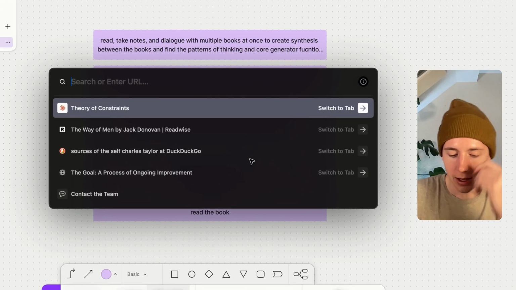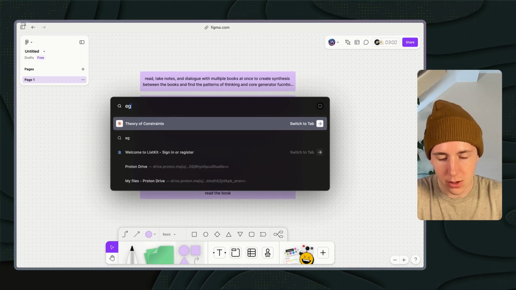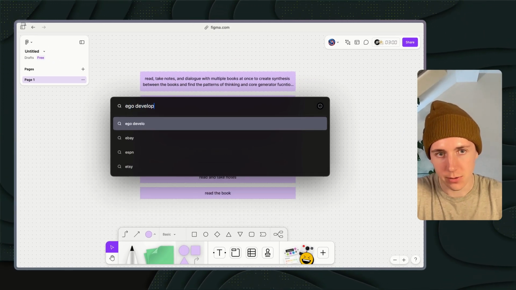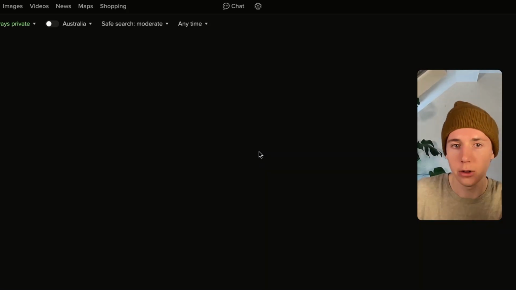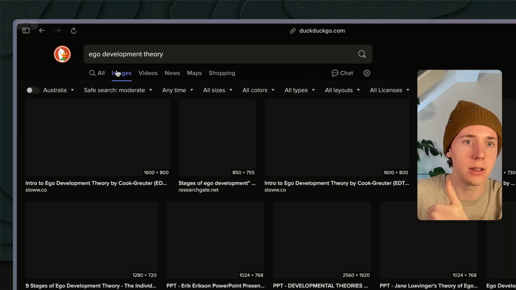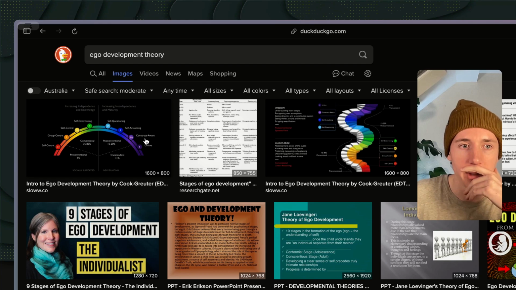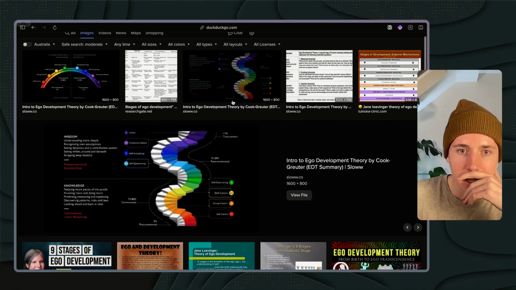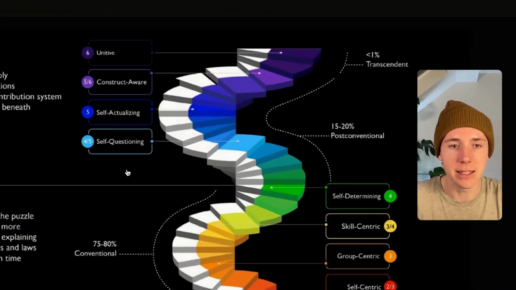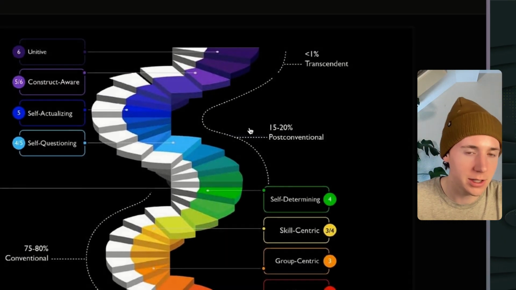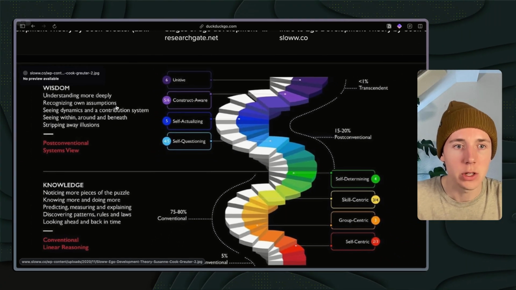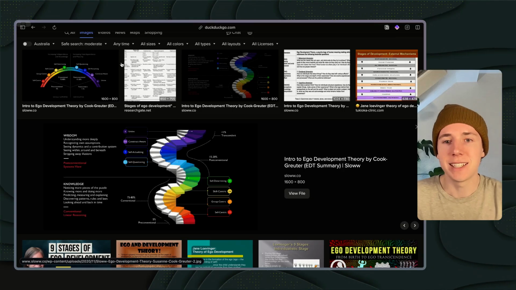So the essence of this is, you may have known, there's a couple of these models from Suzanne Cook-Greuter, from Clare Graves, ego development theory, spiral dynamics. And they essentially see it as like a staircase, right? So you have self-centric, group-centric, skill-determining, you have these different stages of development.